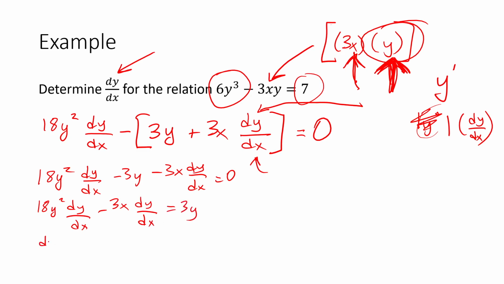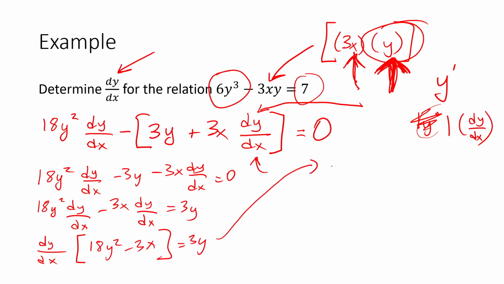I'll factor out dy over dx from both of those terms. And now I will divide both sides by 18y squared minus 3x.